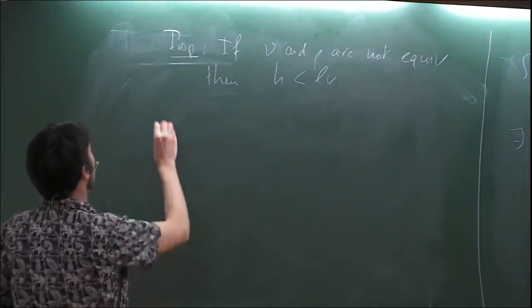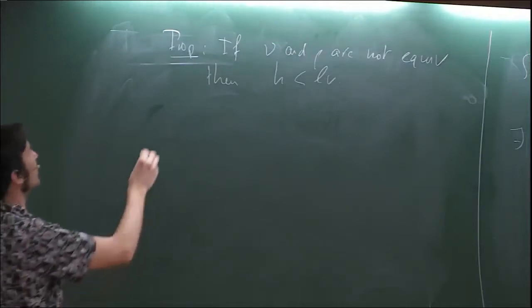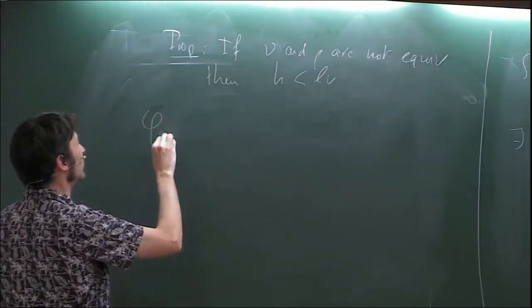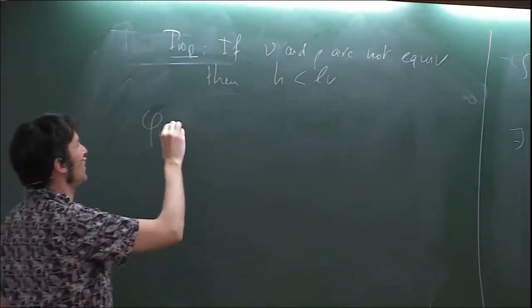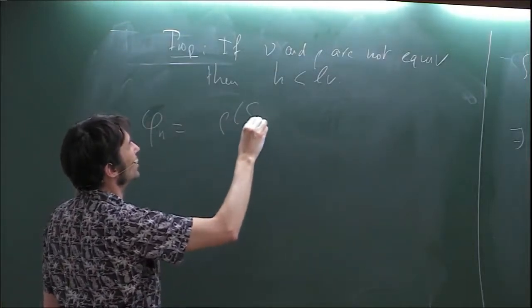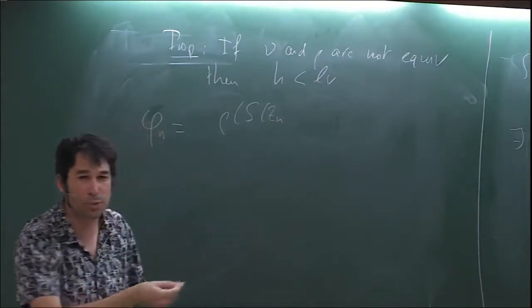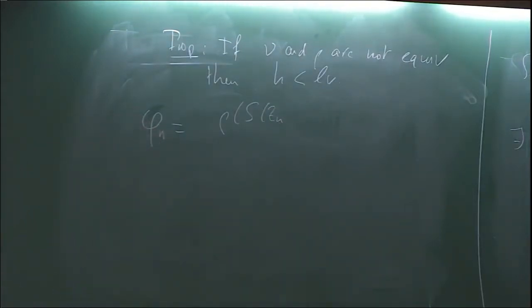So it relies on several lemmas. First I will define some random functions. So I will set phi n to be rho of the shadow at Zn. I will work in the group, but you can also work on a group acting geometrically on a hyperbolic space.